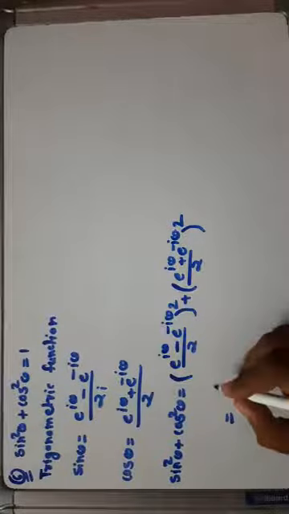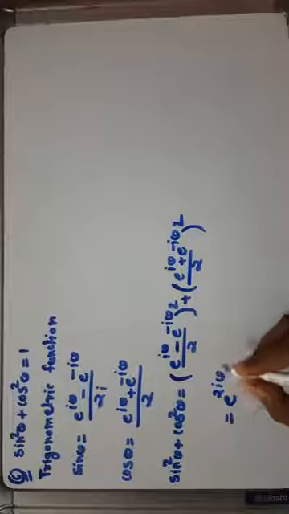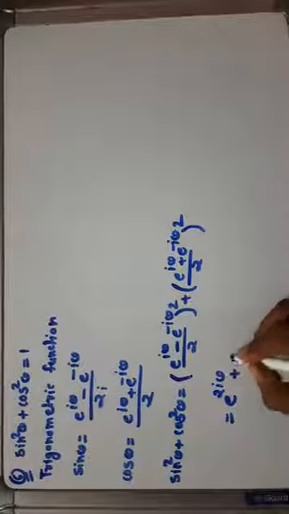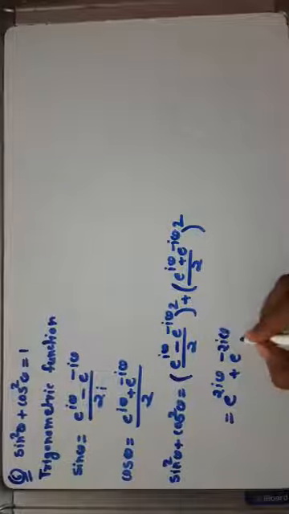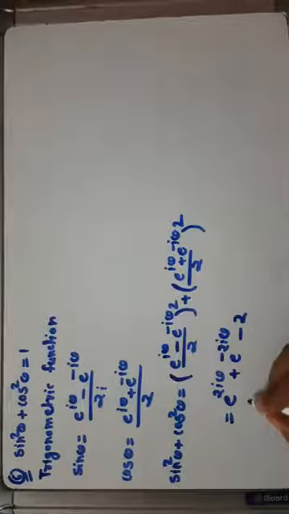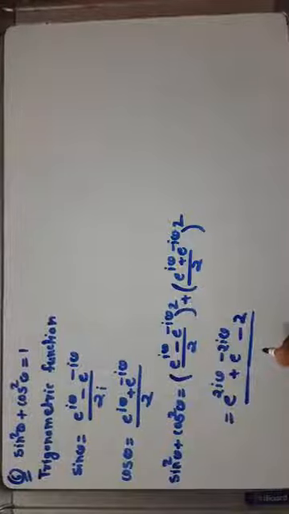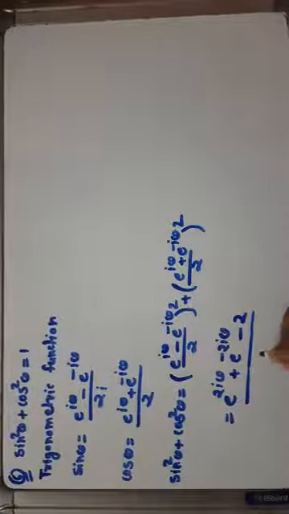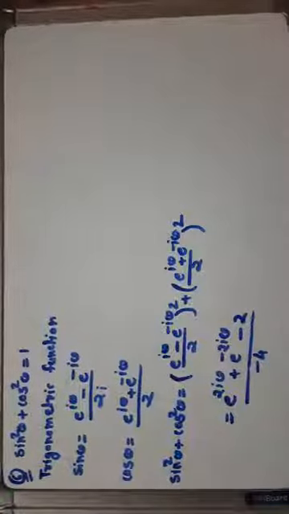That means this bracket means e raised to 2i theta plus e raised to minus 2i theta minus 2, divided by minus 4, right?